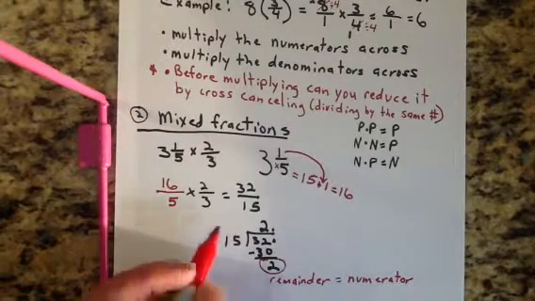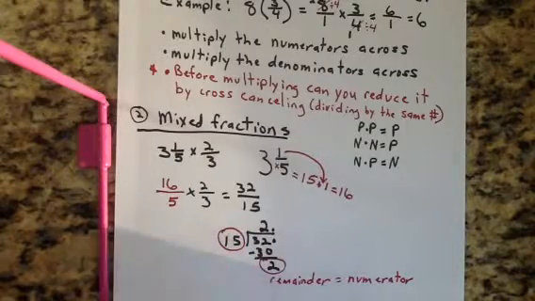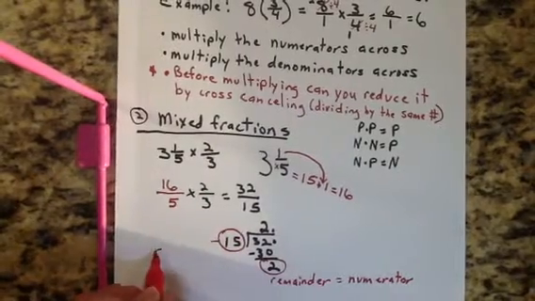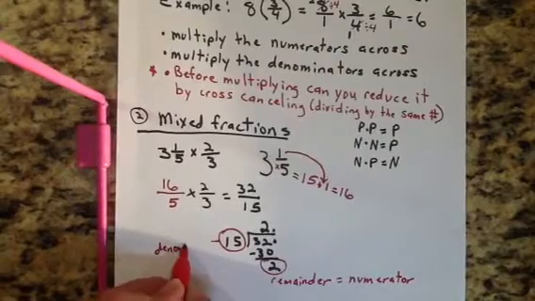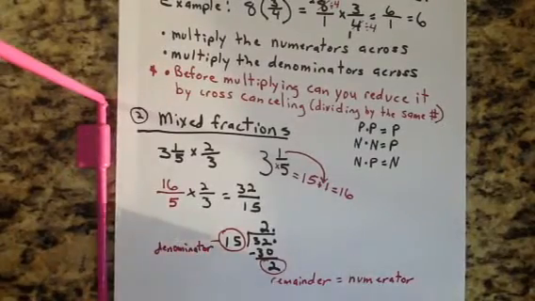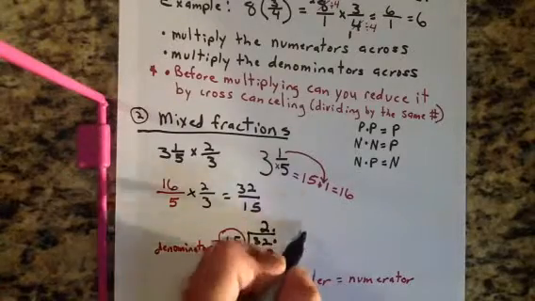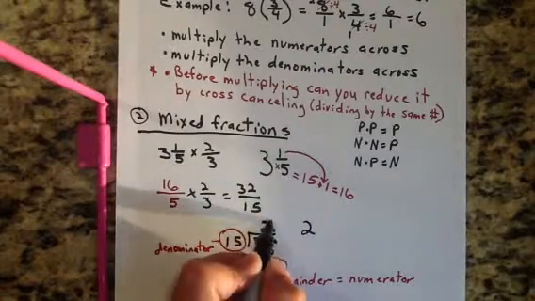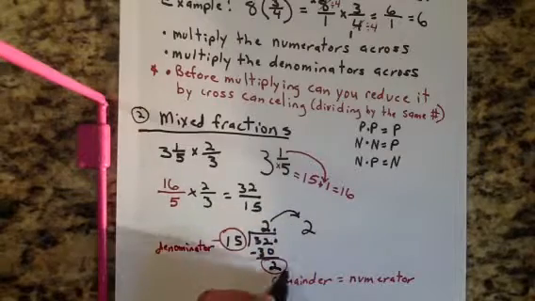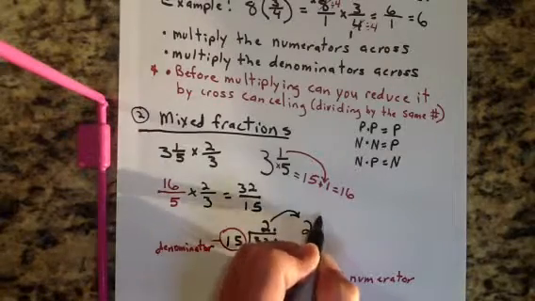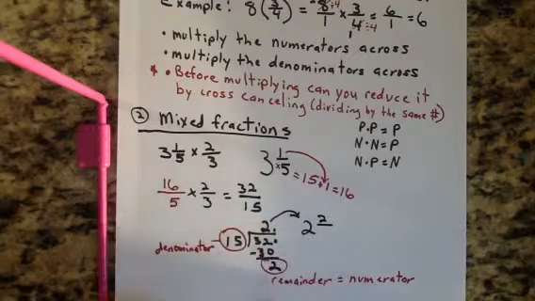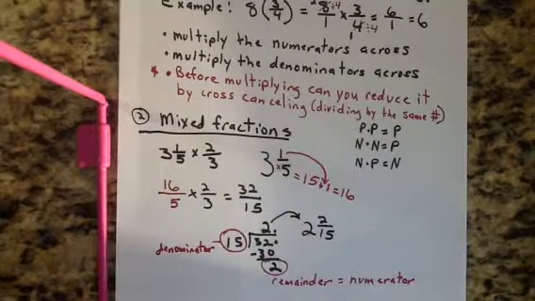Okay? And then you keep the same denominator. And so what we have now is 2 from here, and then we take our remainder and it gets placed over the 15. Okay, so we have 2 and 2/15, and that cannot be reduced.